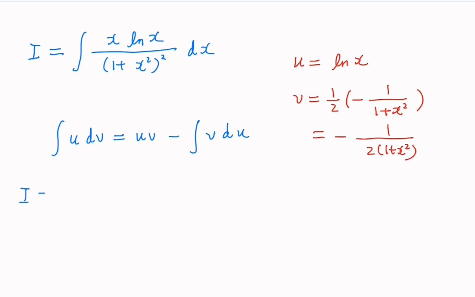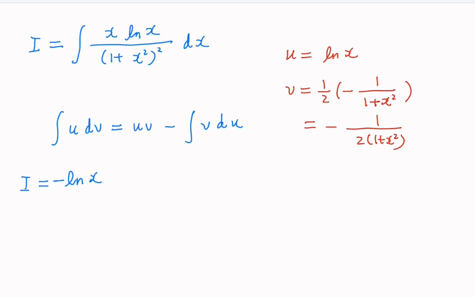So I would equal uv, which is log x, and v would be negative 1 over 2 times 1 plus x squared, and then minus the integral of v du. V here, of course, is negative.